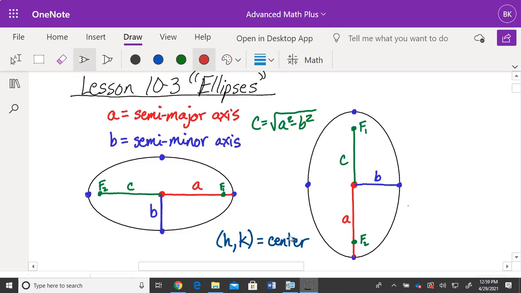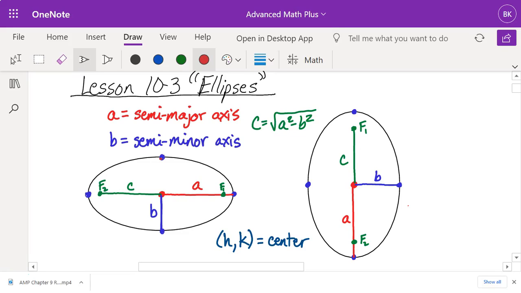Okay, so let's talk about the parts here. We have these points. There's 4 of them in blue. Those are your vertices. Yes, we call them vertices, even though they're not coming to an angle. The distance from, in the first one, the left blue point to the right blue point is longer than the one from the top blue point to the bottom blue point.